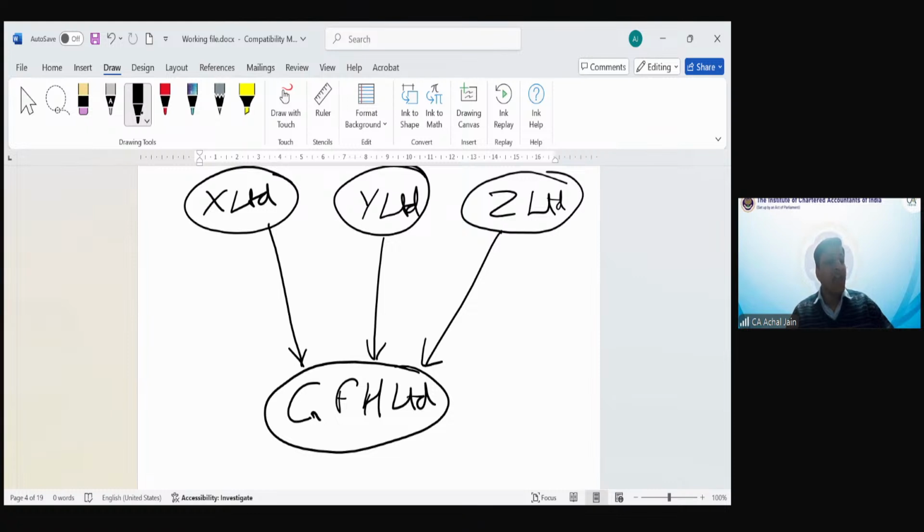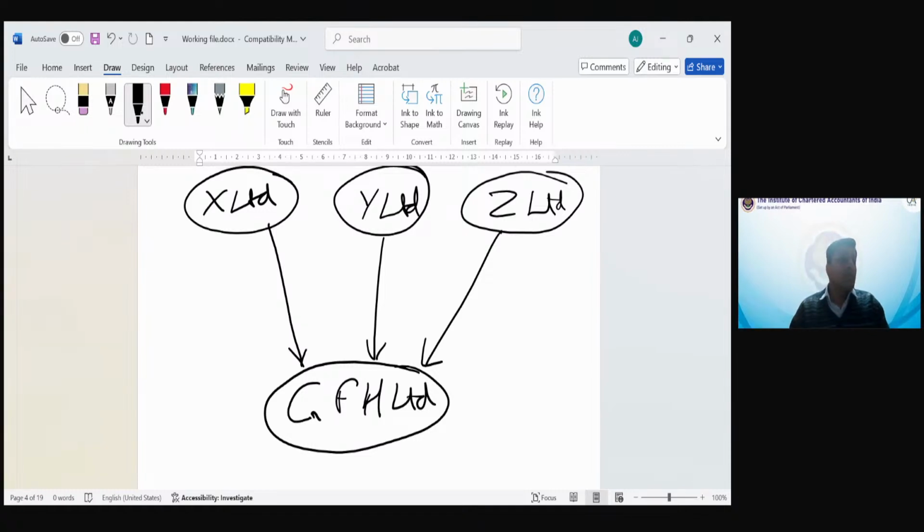All the investors have the right to attend meetings and to make the decisions with respect to the business of GFH. All the investors are actively involved in the business of GFH and they have a share in the returns of GFH. So in this case, will you say that GFH is a JV of X, Y, and Z?